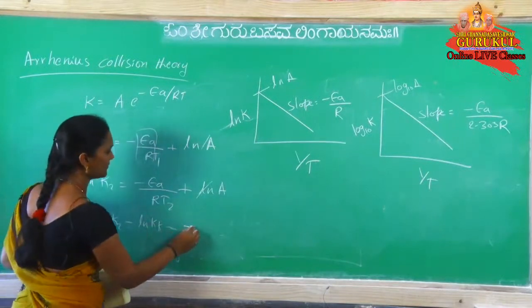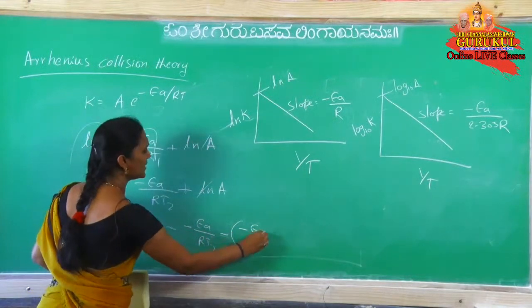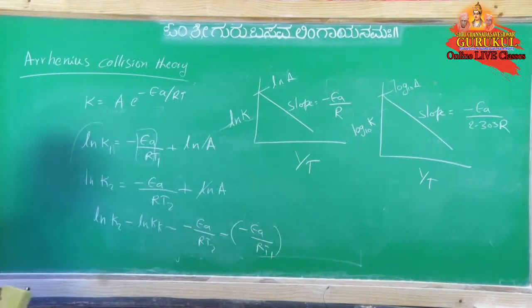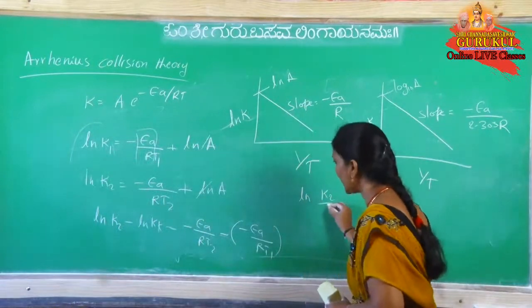So what are we getting? Minus Ea by RT2 minus of minus Ea by RT1, that is ln K2 by K1.